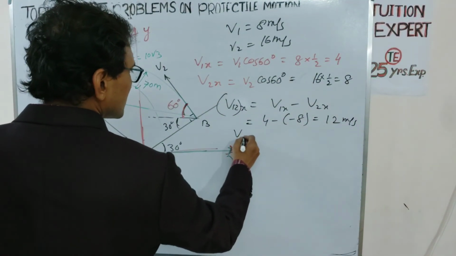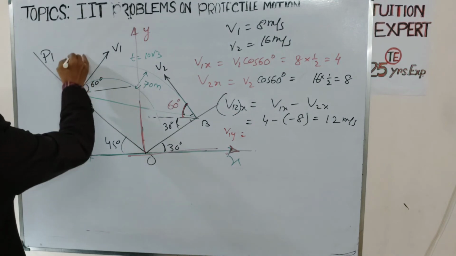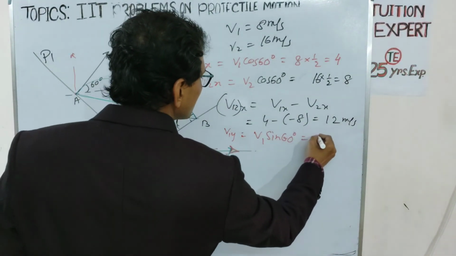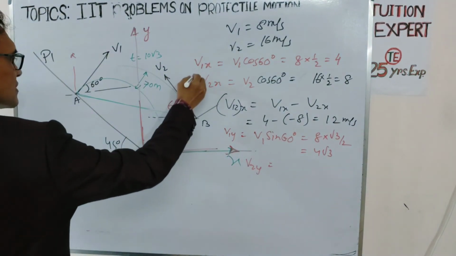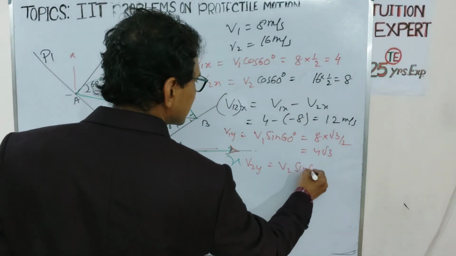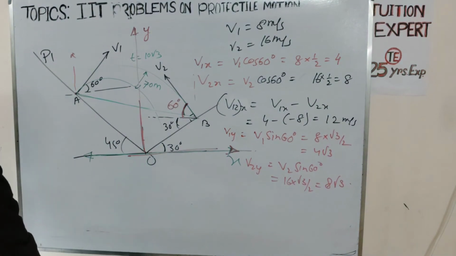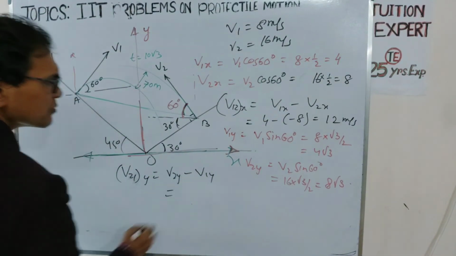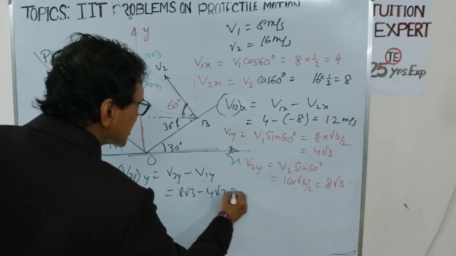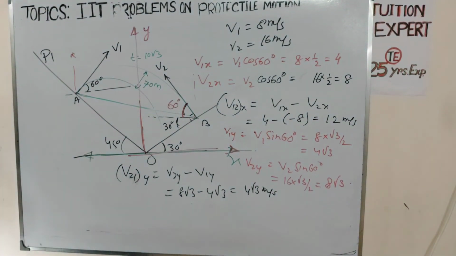Now V1y. V1y equal to V1 sin 60 degree, which is equal to 4√3, and V2y equal to V2 sin 60 degree, equal to 8√3 minus 4√3.